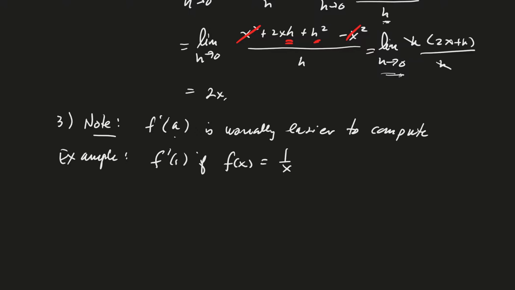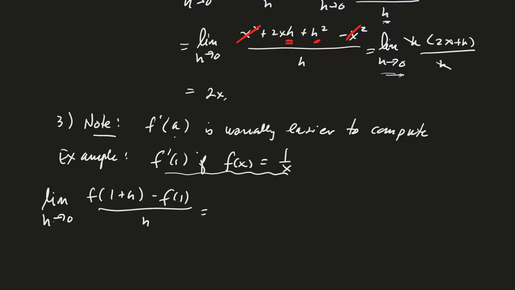Okay, so this is from our previous section, right? So we would take the limit as h goes to 0 of f of 1 plus h minus f of 1 divided by h. And so that would be the limit as h goes to 0 of 1 over 1 plus h minus 1, right, divided by h.